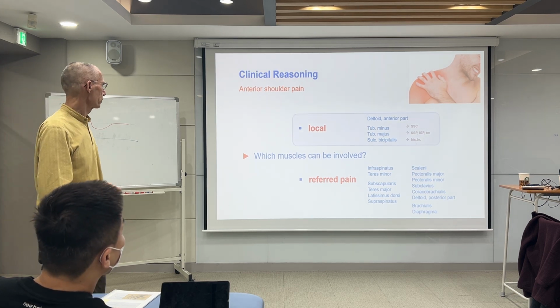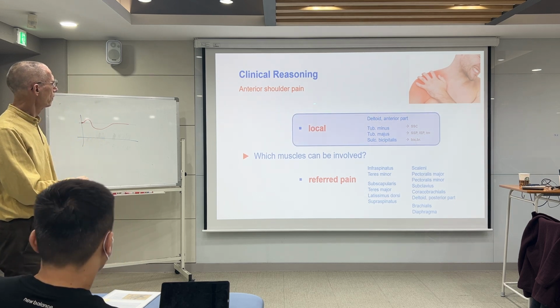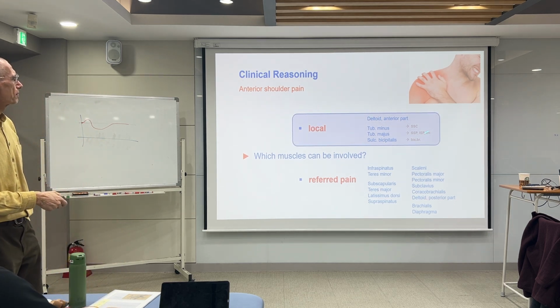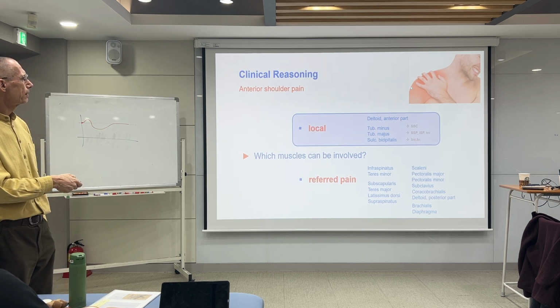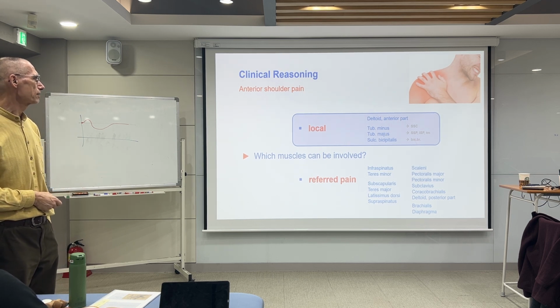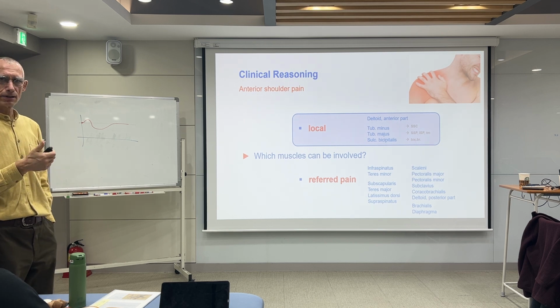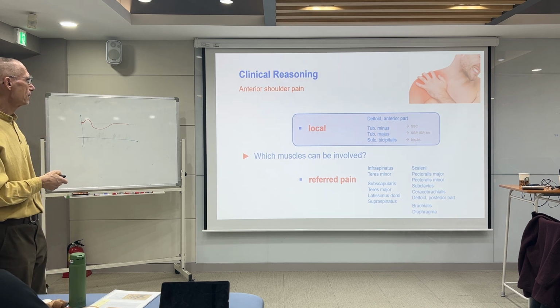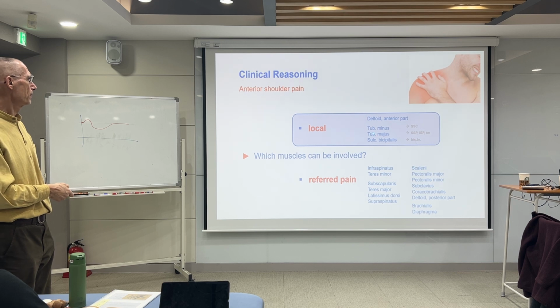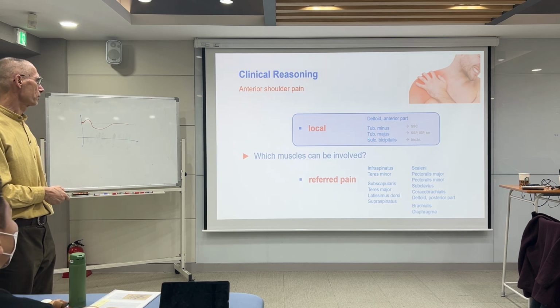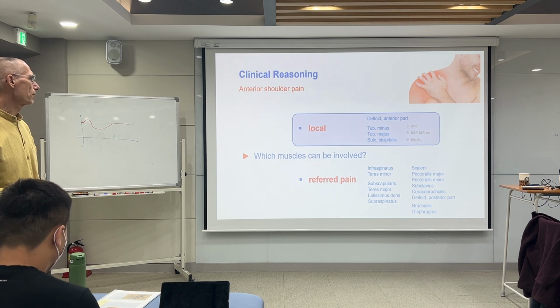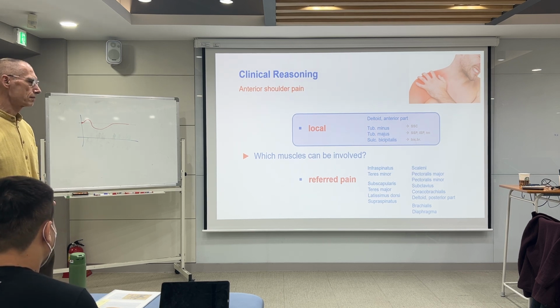And for today, we will have a view on these local structures in the anterior part of the shoulder to discriminate: is it a deltoid problem? Is it an insertion side problem at the tubercle minus, an insertion side problem at the tubercle majus, or a problem from the supraspinatus?